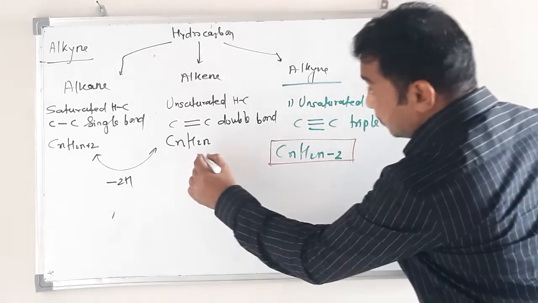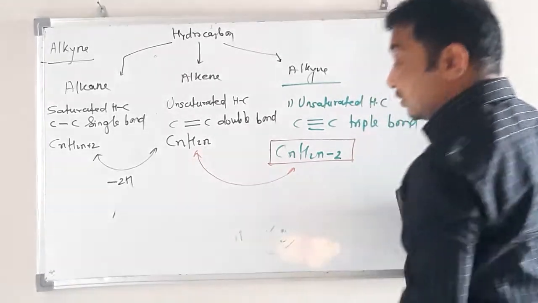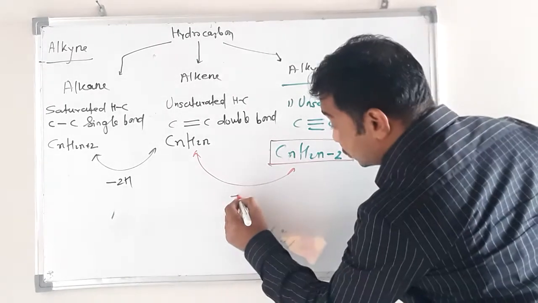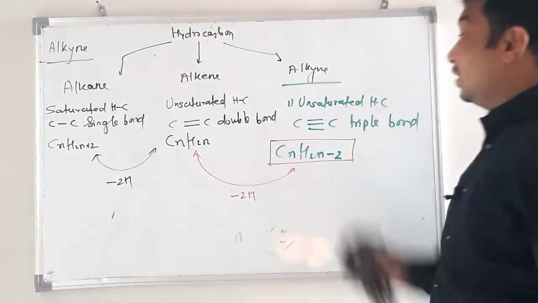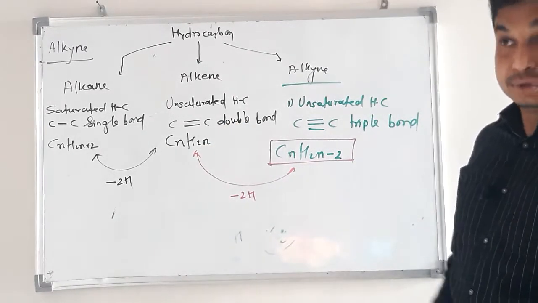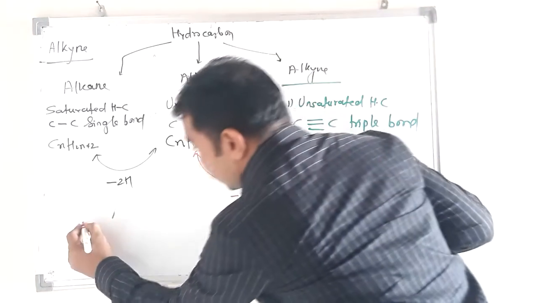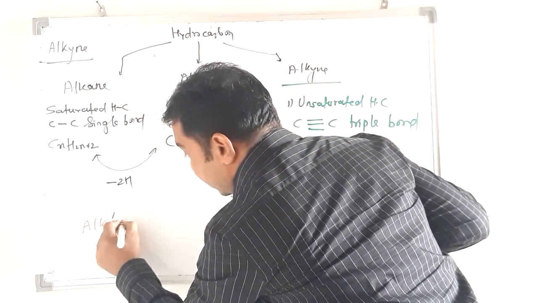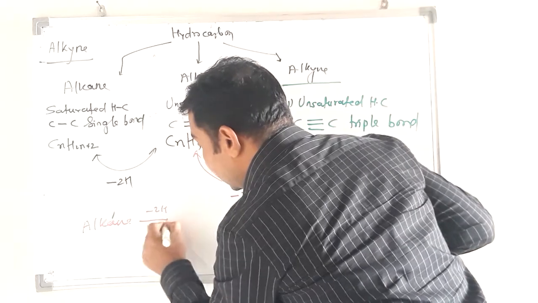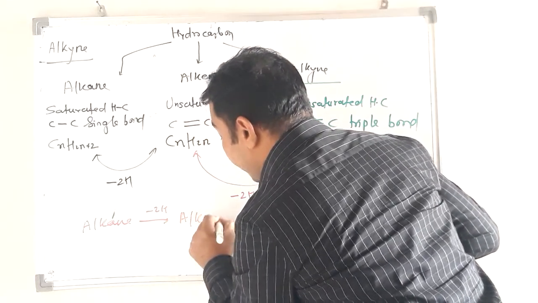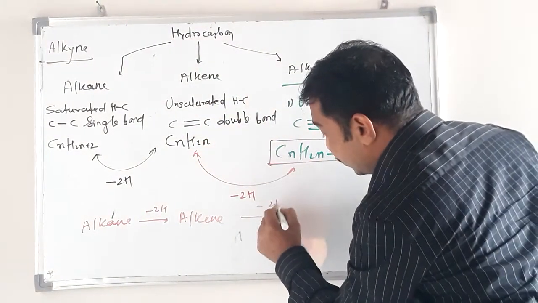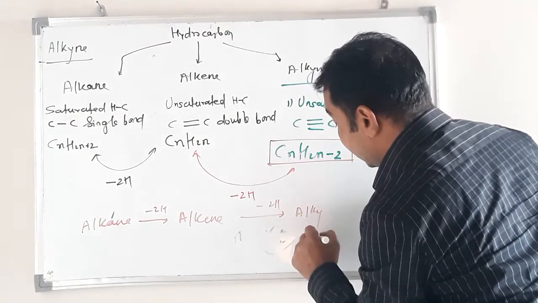So what is the difference between alkene and alkyne? Again, if we remove 2 hydrogen atoms from alkene, you will get alkyne. So alkane minus 2 hydrogens, you will get alkene, and again if we remove 2 hydrogens, you will get alkyne.